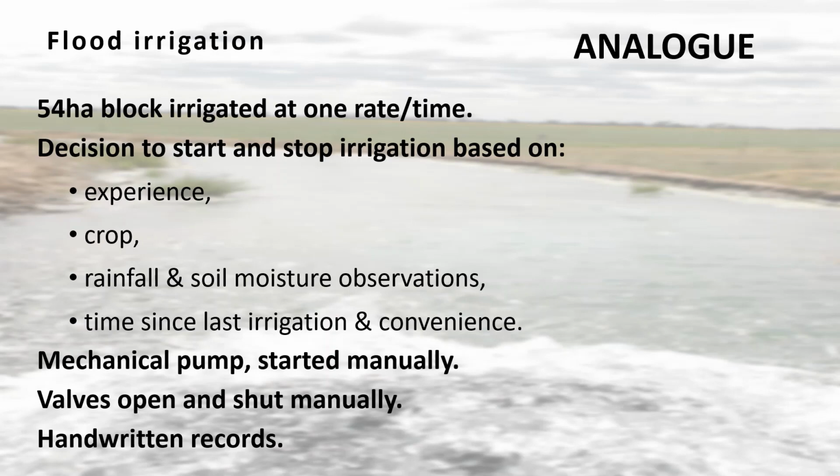It was all irrigated as a single block, and water was moved using a diesel pump, and the decision to start or stop irrigation was based on the farmer's own observations, experience and convenience, really, when he could get out there to switch the pumps on and off. Irrigation records were written on a clipboard which was hung in the pump house, and the process was time consuming, water use was less than optimal for production, and all records were lost when the pump house was destroyed by a cyclone.